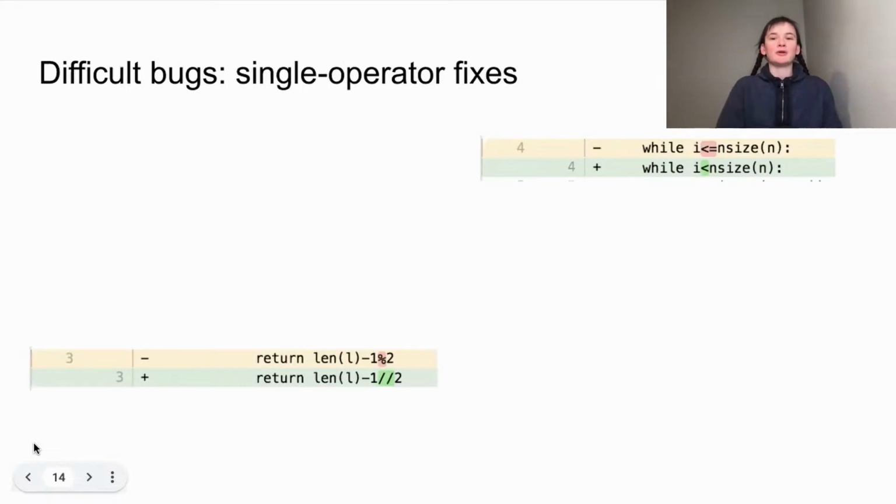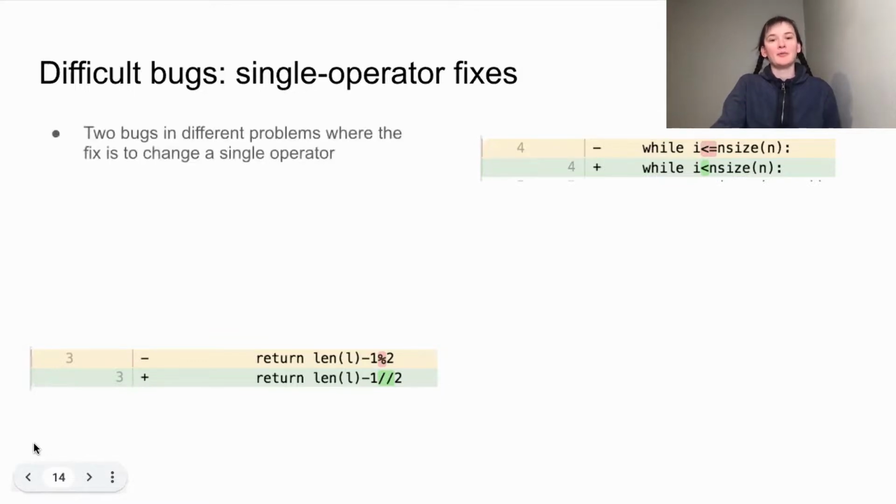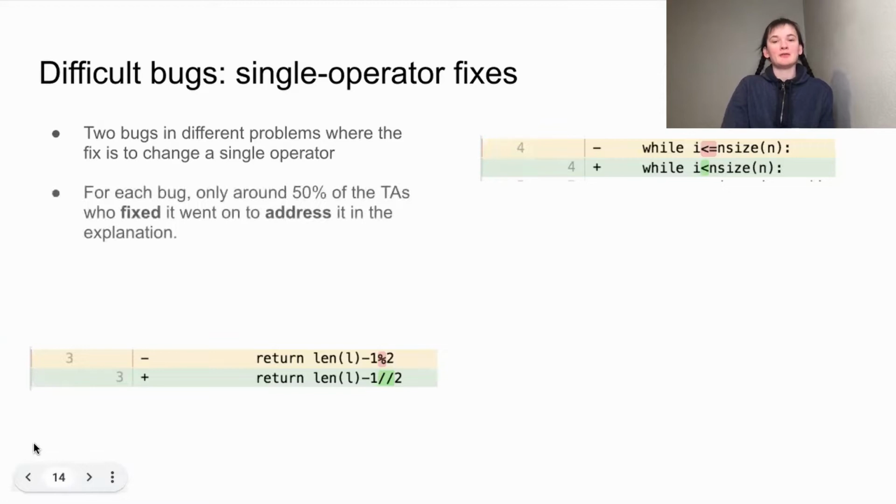The other interesting situation was with bugs that only required a change to a single operator to fix them. There were actually 2 such bugs in different problems where the only fix was to change 1 operator. For each of these bugs, only about half of the TAs who fixed that bug went on to address it when they were writing the explanation to the student.